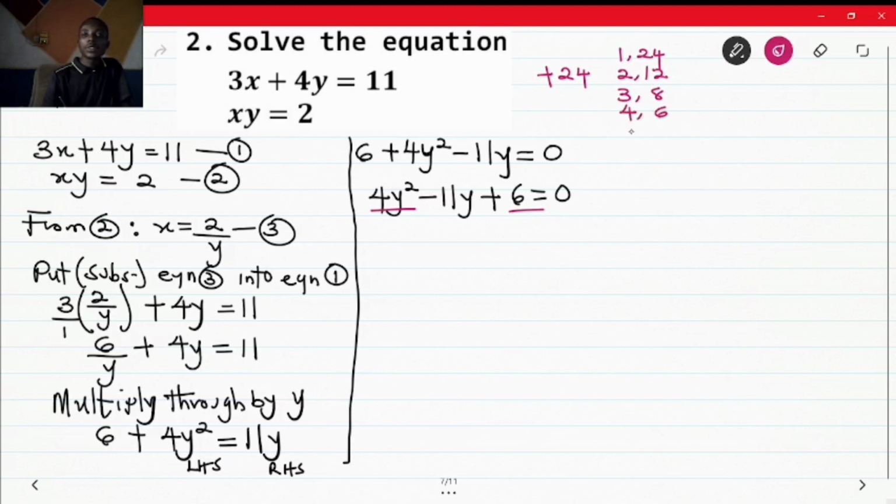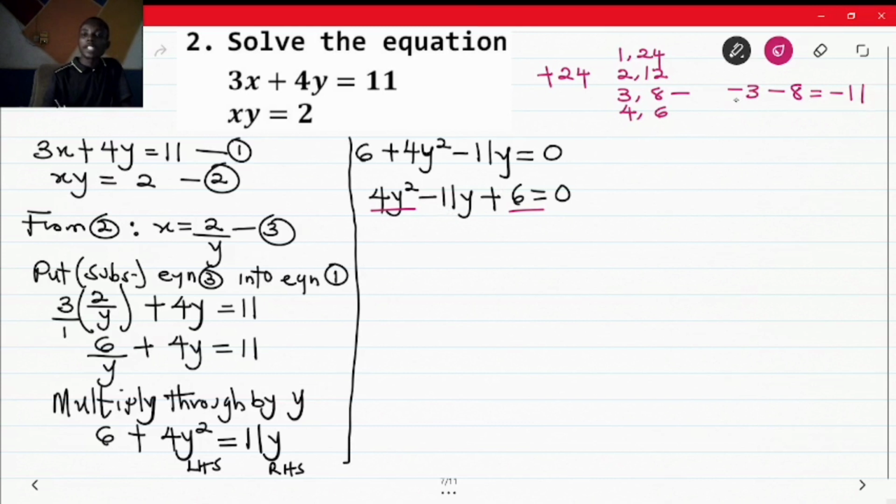I think that's all. So we will now pick which of these will give us minus 11 here. If you are going for this, you will be correct, because negative 3 and negative 8 will give you negative 11, and that's what we have here.